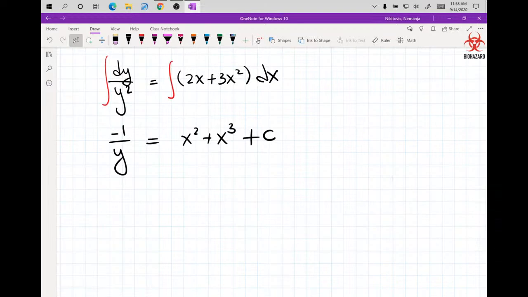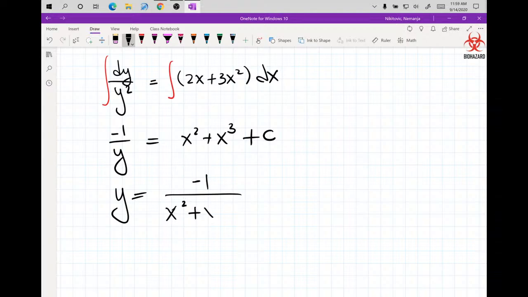So if we solve for y first, I flip the fraction on the left, flip the fraction on the right, and then make it negative. So y is equal to negative 1 over (x squared plus x cubed plus C). All of this was over 1. Then I flip the left side, flip the right side. And this over here, I'm going to box and write general solution.